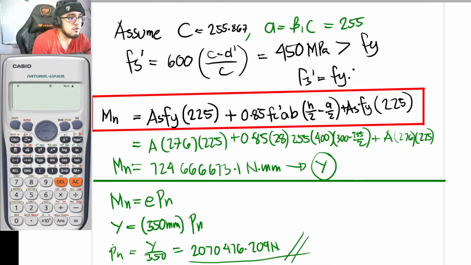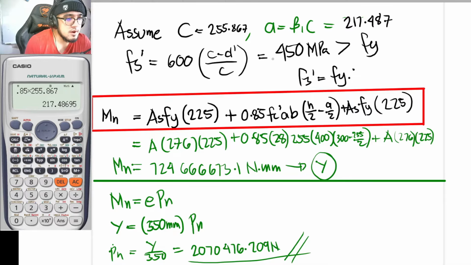And for your new value for your A, bago na naman to. So 0.85 times 255.867. So that is now equal to 217.487. Okay, so now let us solve for the new value for our Mn.